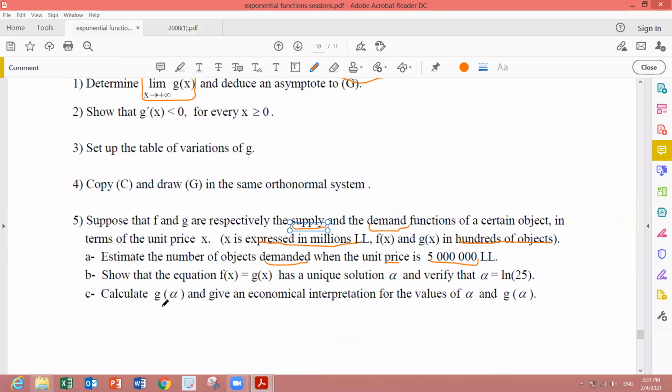The last part: calculate g of alpha and give the economical interpretation of alpha and g alpha.